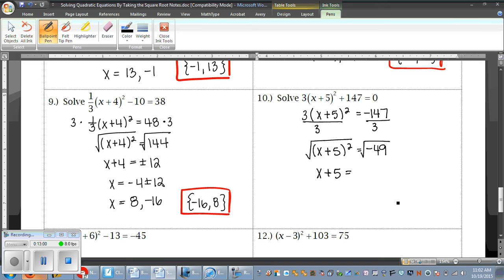Yesterday we learned about complex numbers, and when we take the square root of a negative number, we end up with i. The square root of 49 is 7, and it also gets a plus or minus. When I subtract the 5 to move it over to the other side, I cannot add the 2 together. They're not like terms. The 7 has the i and the -5 does not. So my answer is -5 plus or minus 7i.